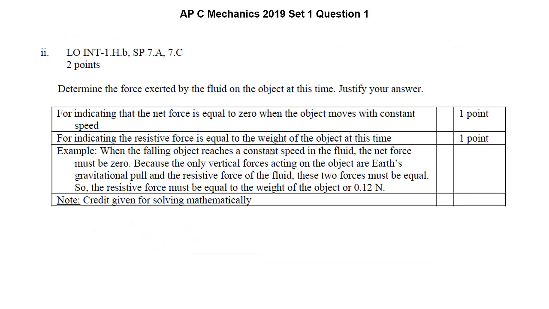Now they want the force exerted, and this is where, as we said before, it's important to realize that terminal velocity means no acceleration, means no net force. So at this point, there are only 2 forces acting, gravity down, and the resistive force of the water acting, of course, up. And so those 2 forces would have to balance. That means the resistive force is equal to gravity.